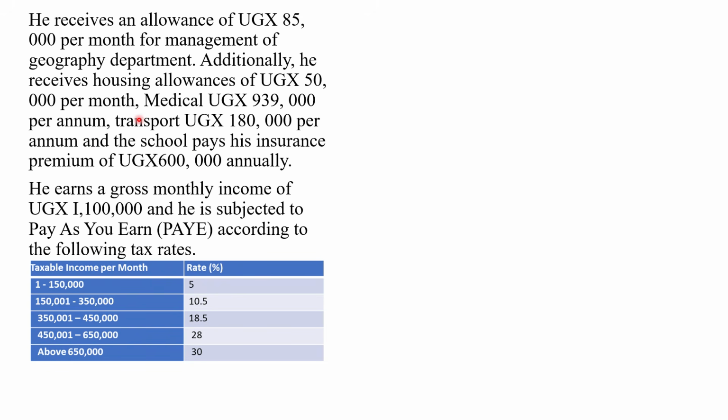However, there are some allowances given in months, some in years. So it's better you express it in months. And also look at this gross monthly income. In most cases, they give it to you as gross annual income. Please make sure that you divide to get the monthly gross income.